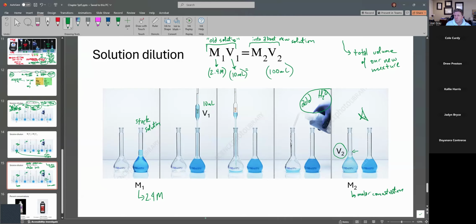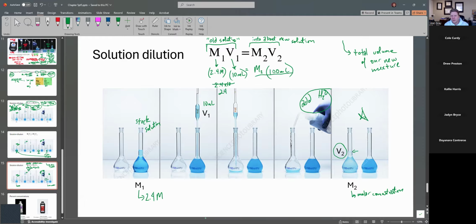Not off the top of our head, but can we calculate it? We absolutely can. How would we calculate that? Well, we calculate it by isolating it, by combining 2.4 times 10. That's going to give us 24. So we're multiplying what's on the left-hand side by one another.